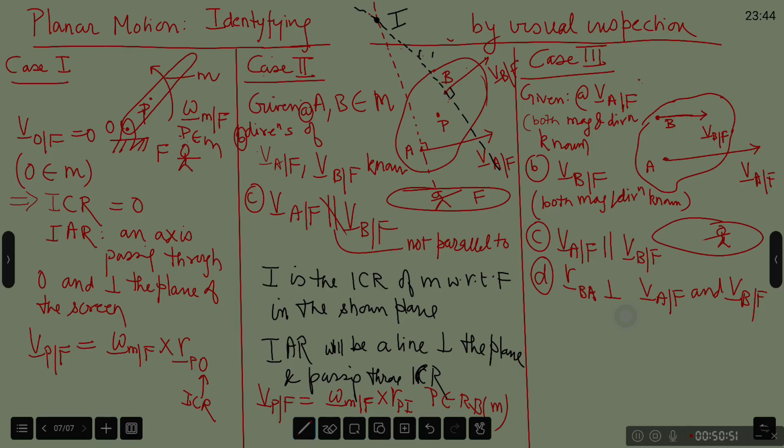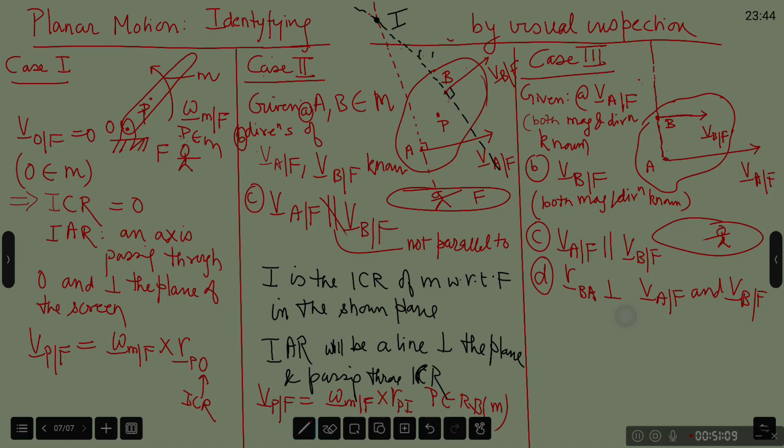both VAF and VBF. In this case, what happens? First, let's draw a line which is perpendicular to both VAF and VBF. Let's draw this line first.